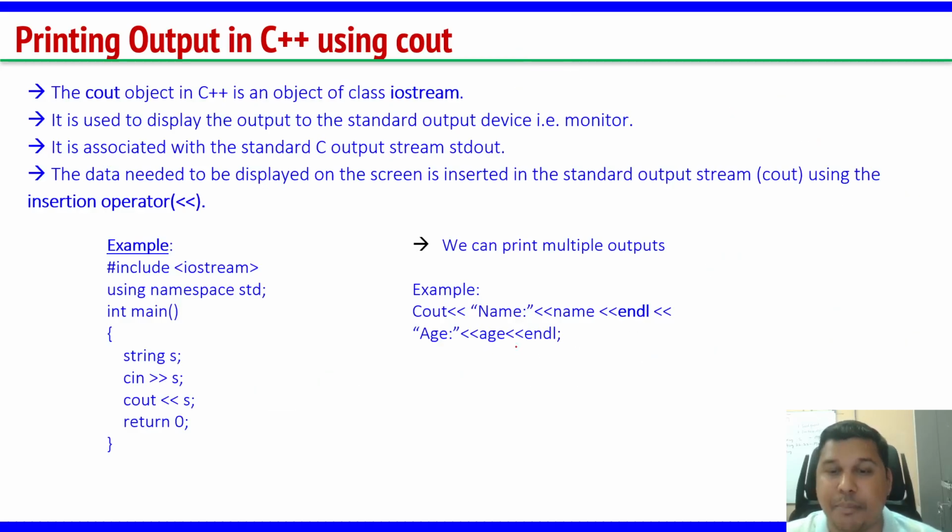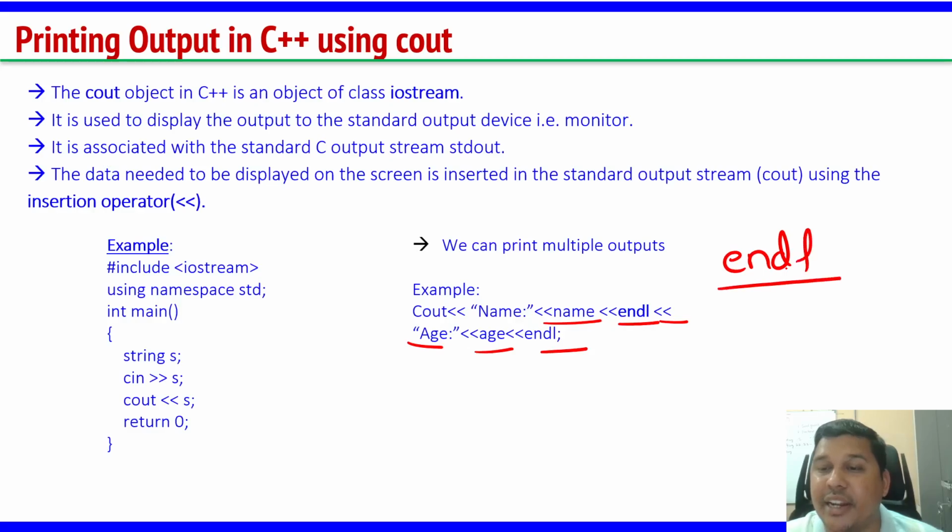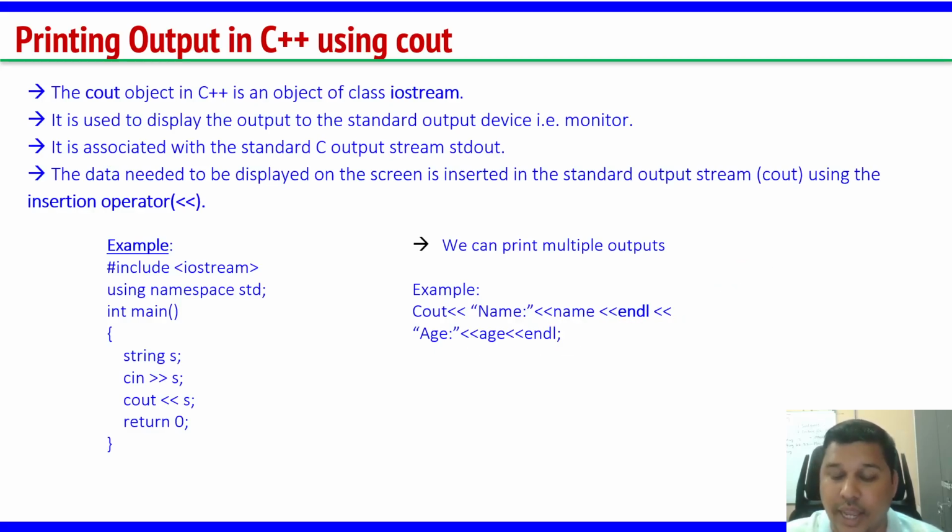If you see this example here, cout name colon name, endl, again I gave age equal to age, endl. So endl is kind of a connector. It is used to give the output in the next line, moving the cursor to the next line of the output screen. I hope it is clear.